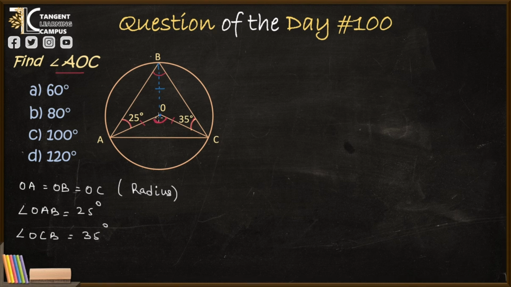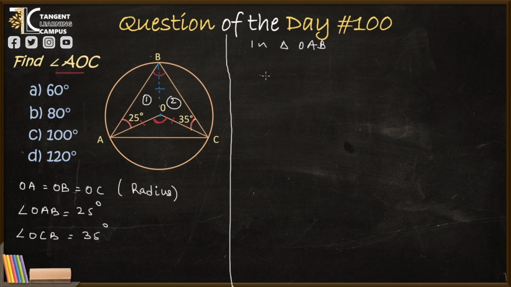To find angle ABC, let us consider these two triangles. Triangle 1 is OAB and triangle 2 is OCB. Let us consider triangle OAB. In this triangle, OA is equal to OB, right?